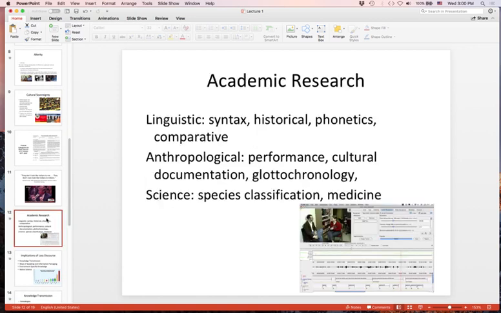The first one we're going to start with is academic research. Academic research is something that gets brushed aside, because oftentimes language communities may feel that a linguist coming in, doing research, and then going back and writing a theoretical paper on some obtuse aspect of grammar doesn't really benefit their language and their pressing need for revitalization.